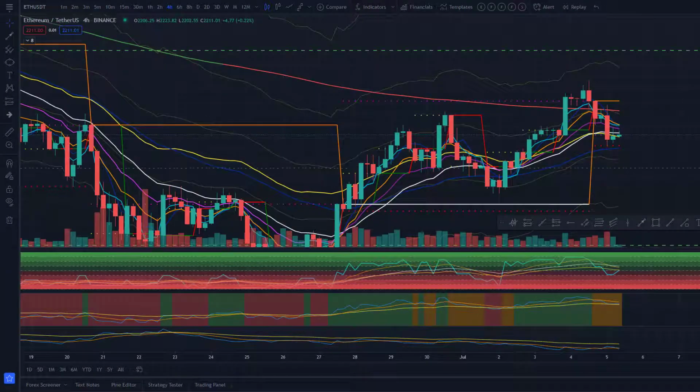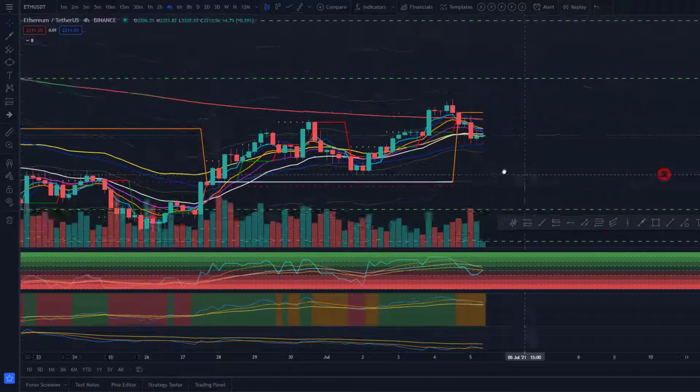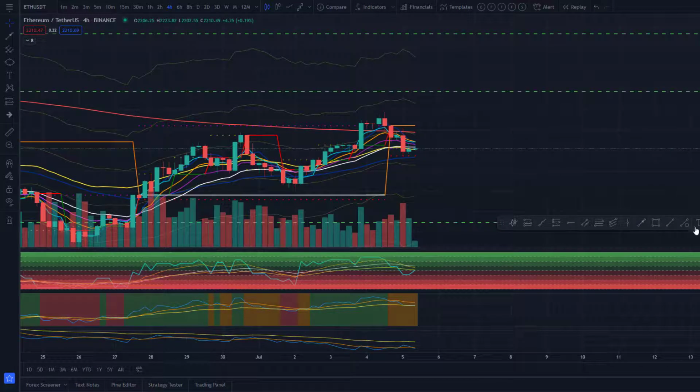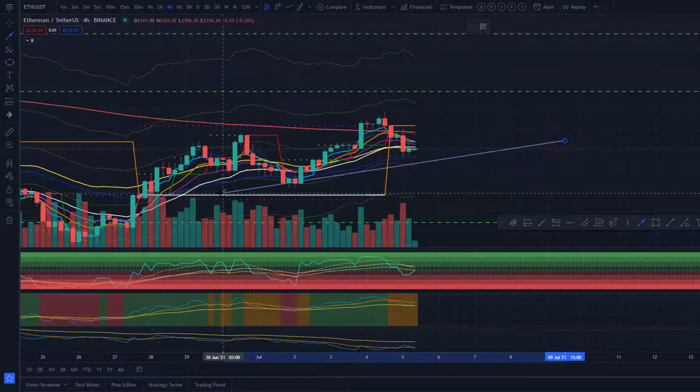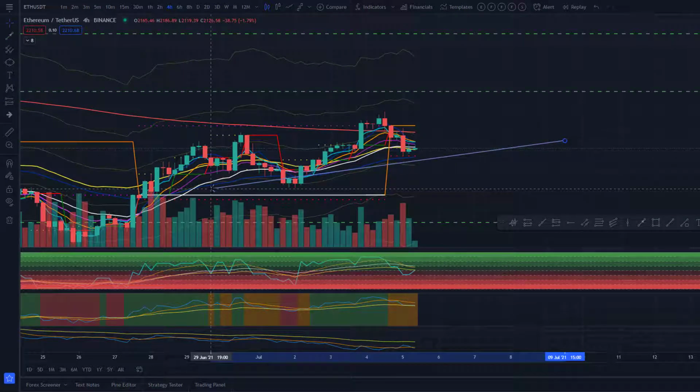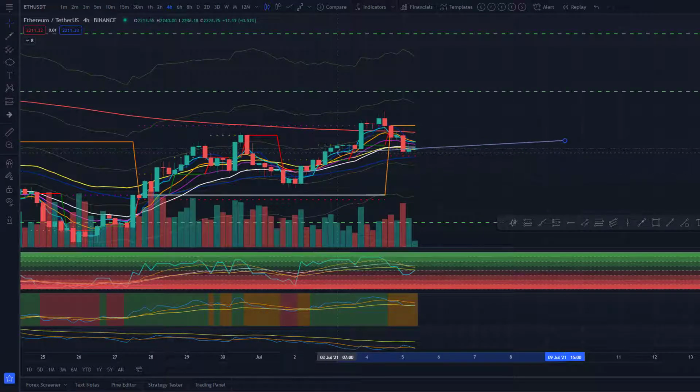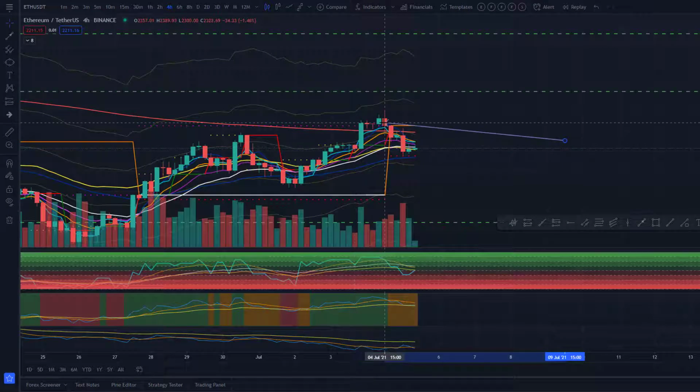So on a shorter term time frame, what do we have here? We have the weekly held. This is the weekly level right here, on the 4 hour time frame. We have a daily rejection, and then a daily close above, a daily close above, a daily close above, and then we have a rejection off this week's open.